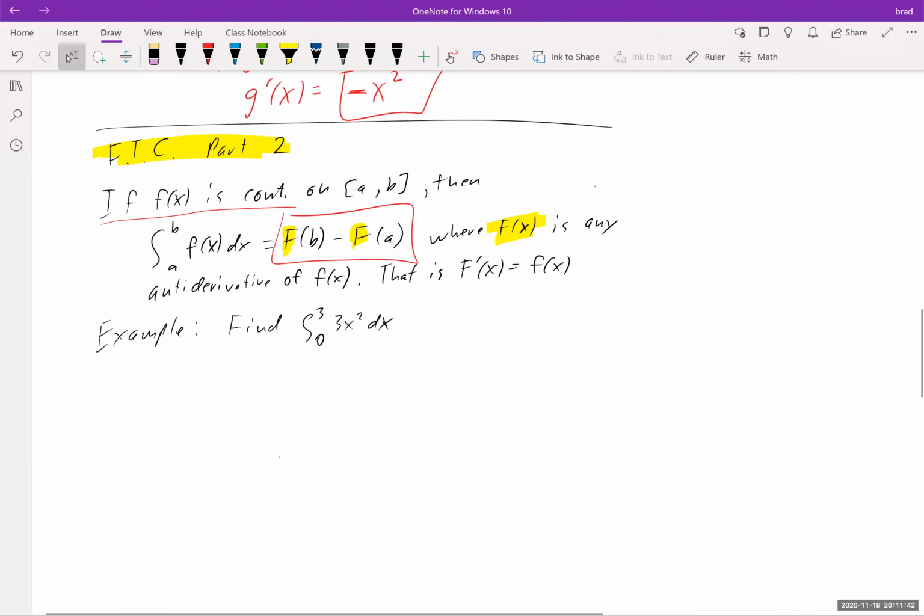So what this is saying is that if we can find the antiderivatives and then subtract the heights, it's very important you understand. You are able to find the area under the curve of some function by calculating the heights of the antiderivative of that function and then subtracting them at those two locations.